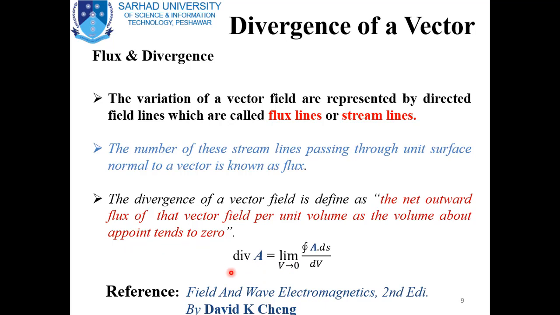Mathematically, it can be written as div A. So we have a vector field which is represented by A, and now we are discussing the spread of this A, which is known as the divergence of vector A. Mathematically it can be written as the flux of that function, that is field lines passing through unit area, divided by a unit volume, such that the volume about a source tends to 0. This is the mathematical expression known as the divergence of a vector field.